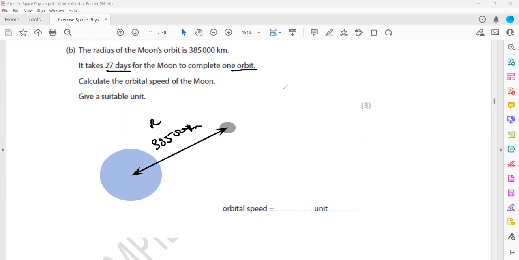A suitable unit means your unit can be meters per second, kilometers per second, or kilometers per hour, depending on how you want to represent it. It's up to you. It can even be kilometers per day if you don't convert the days, for example 27 days, into minutes or hours.